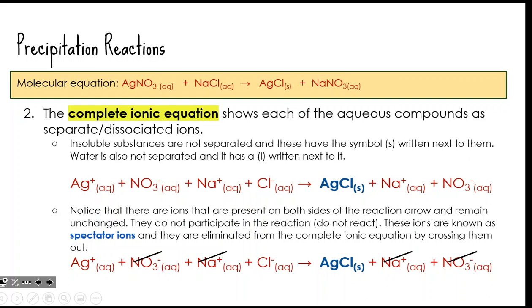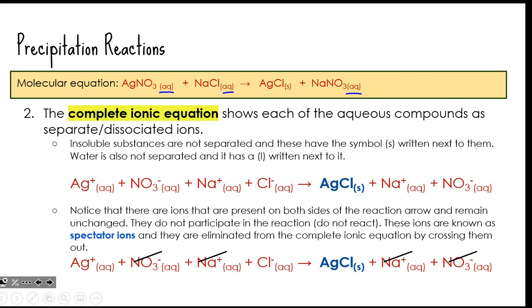Because remember, anything that has an aq next to it, like these guys right here, remember they are dissolved in water. So they're actually floating around in the water as their ions. They are not attached to anything. So the complete ionic equation shows all of the aqueous compounds as separate dissociated ions floating around in between the waters.